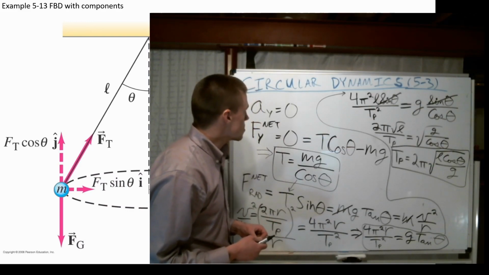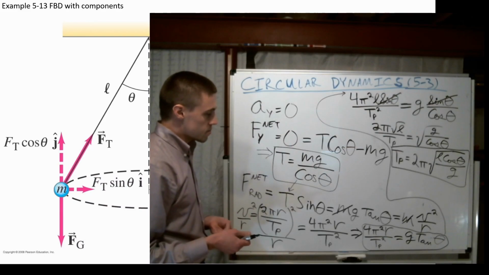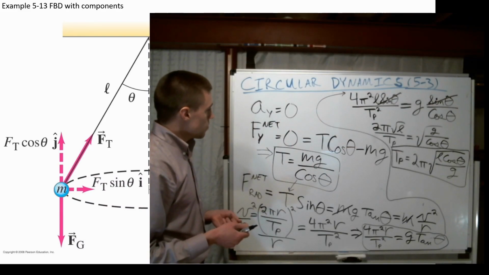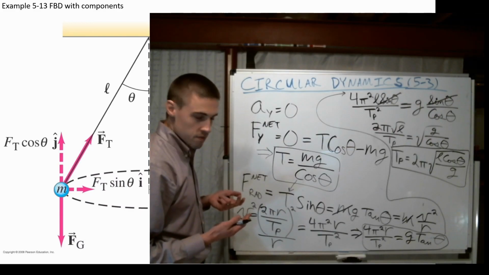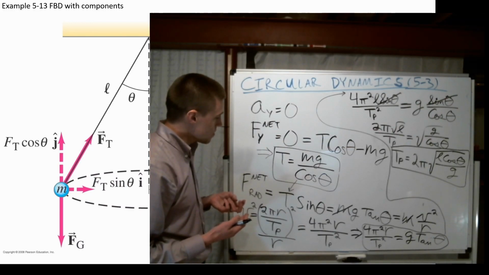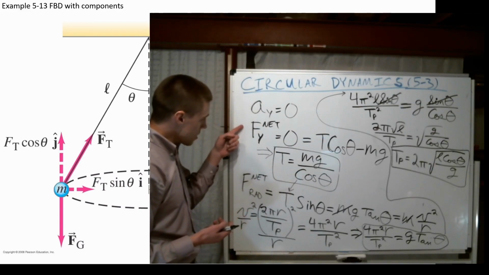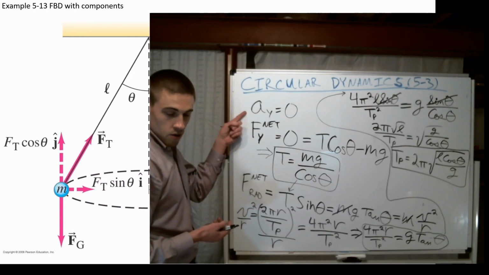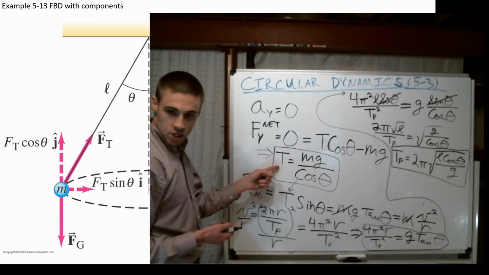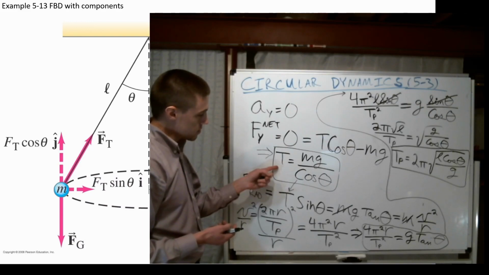So before we go on to the next problem, let's point out some of the key things that are going to show up in a lot of these centripetal force diagram problems. First, we had to use our knowledge that the acceleration in y was 0 in order to get this tension to solve for something.